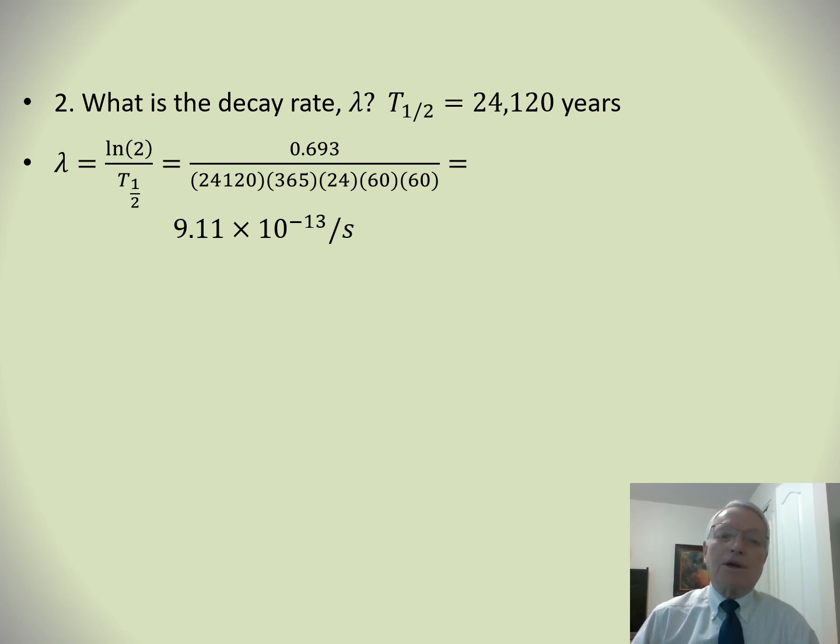The next thing you need to know is what the decay rate is. How fast is this happening? Because power is energy per time, so you need a per time thing, which is the decay rate. How many decays per second? That's the log of 2 divided by the half-life.